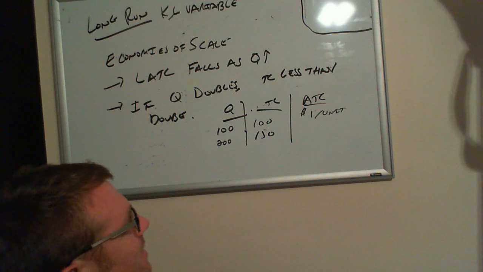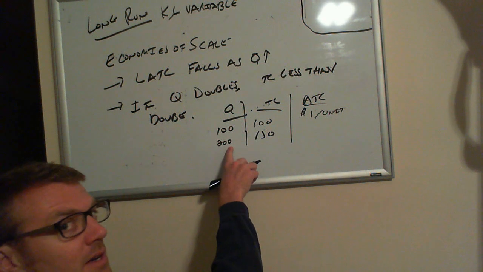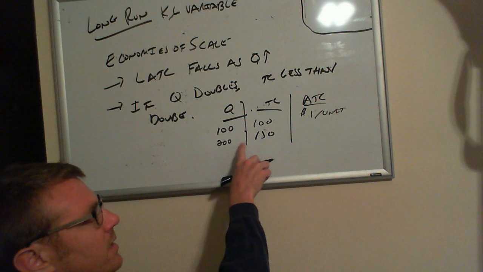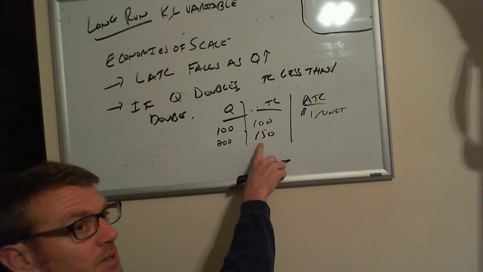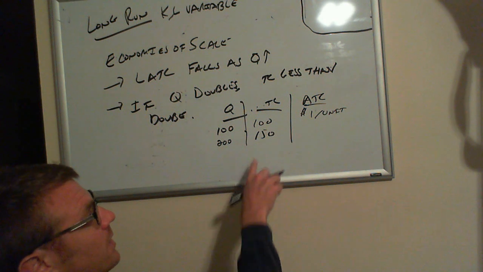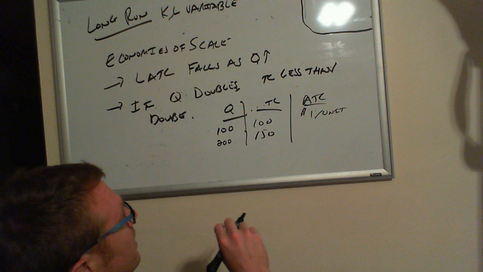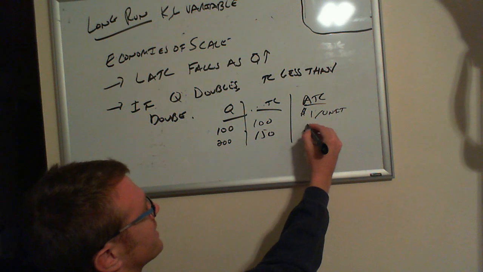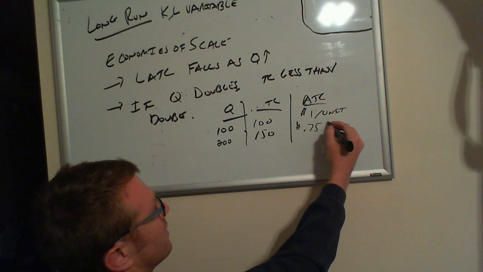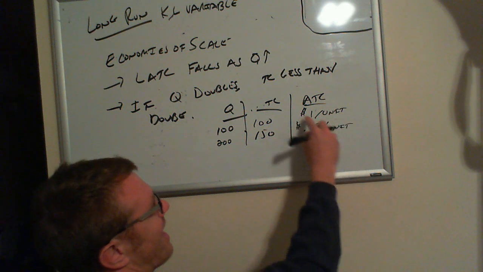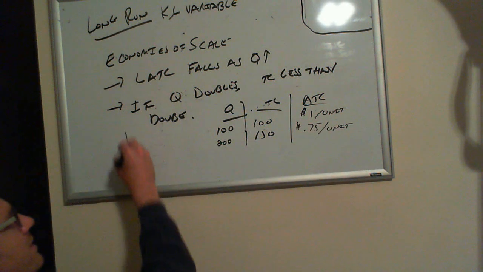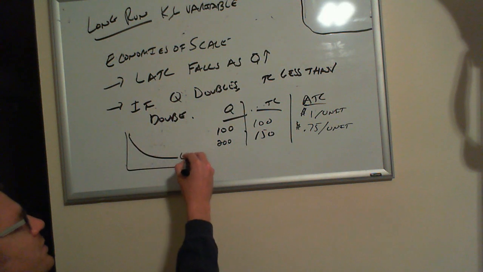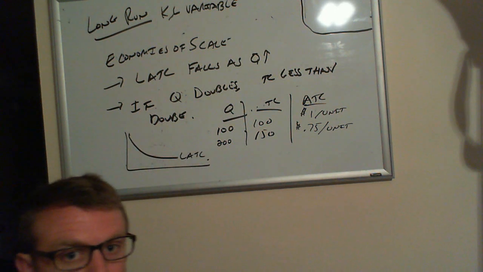If we scale it up and we become a bigger company, doubling our output, total costs don't double. And so this is 150 over 200, it's going to be 0.75 per unit. Average total costs are falling, just like we drew with that curve.